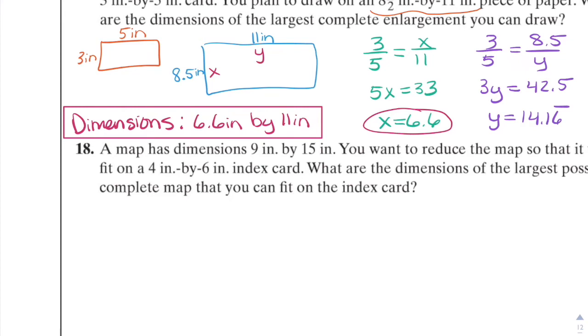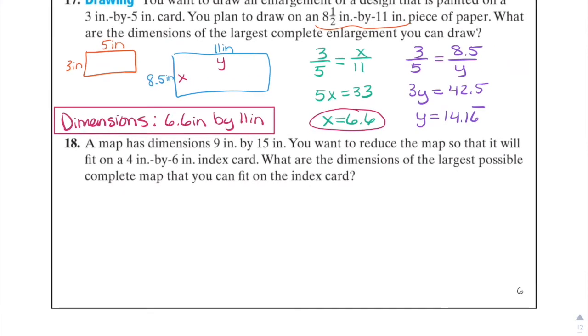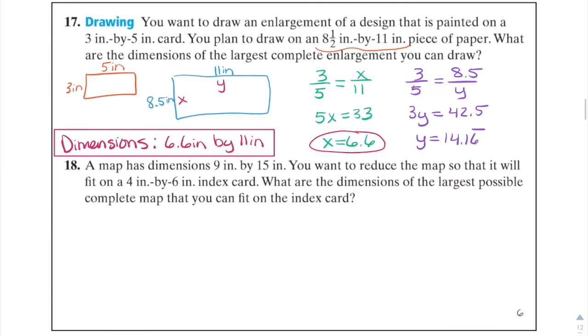What is the scale factor? 2.2. I'll leave that out. Dimension 6.6 inches by 11 inches. So again, this one we were restricted by the particular paper that it was going to become from the 3 by 5 inch card.